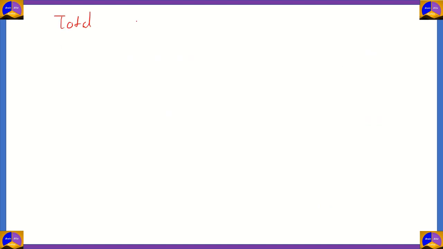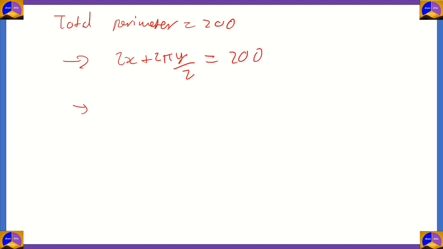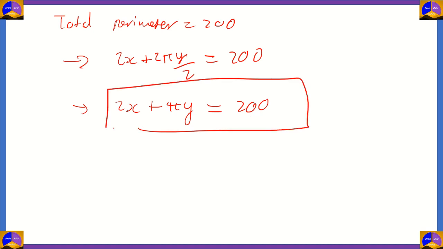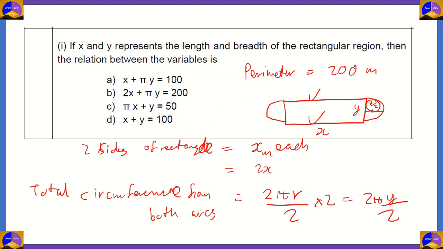So the total perimeter is given to us as 200, and therefore you can write 2x plus 2 pi y by 2 is equal to 200. The 2 and 2 get cancelled, so you have 2x plus pi y is equal to 200. This is the equation for the perimeter of the office building. If you look at our options, you see that option 2 is the right answer. The trick here is to identify which components of the semicircle and the rectangle are part of the perimeter, and then calculate accordingly.